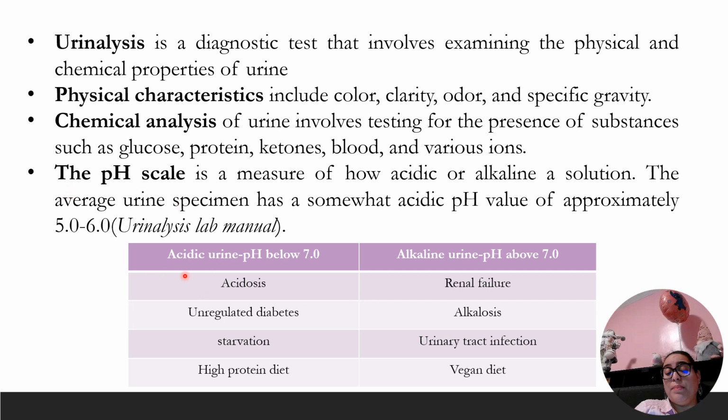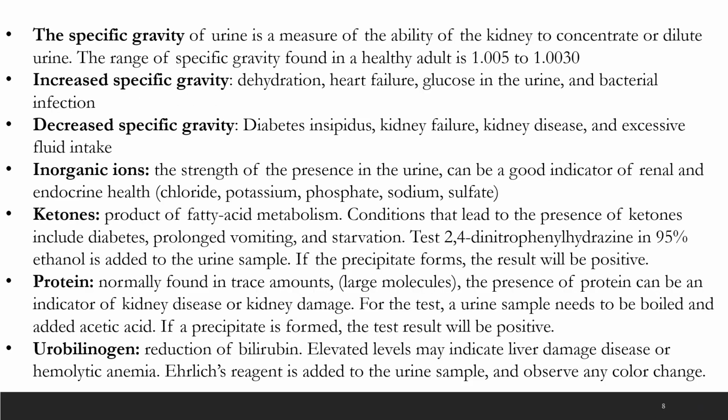Right here is an example of acidic urine potential causes and alkaline urine potential causes. Specific gravity of urine is a measure of the ability of the kidney to concentrate or dilute the urine. The range of specific gravity found in a healthy adult is 1.005 to 1.030. An increase or a decrease in the specific gravity can be a sign of underlying conditions.